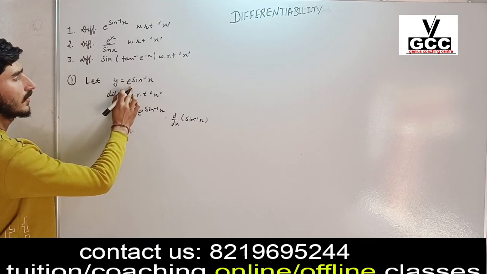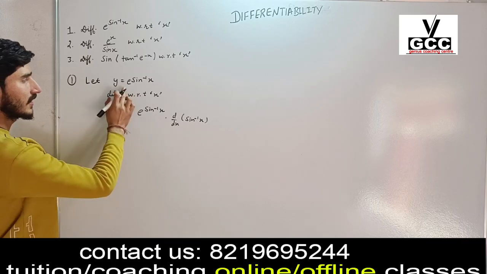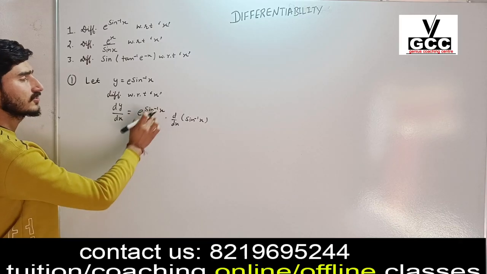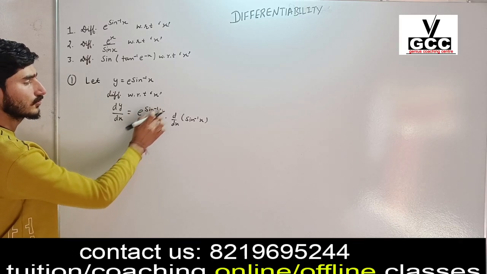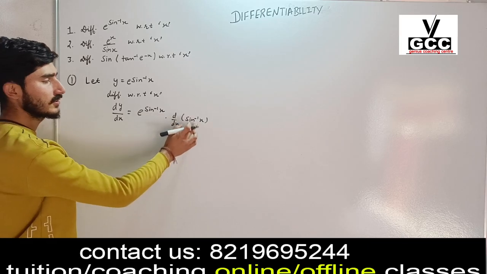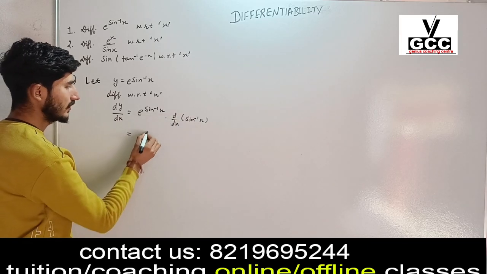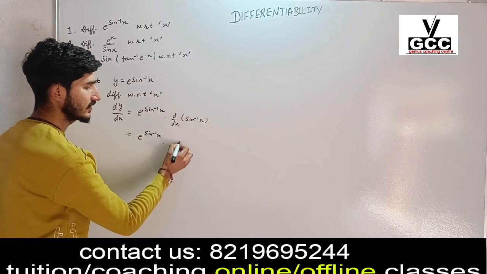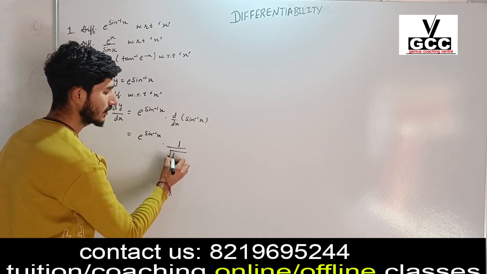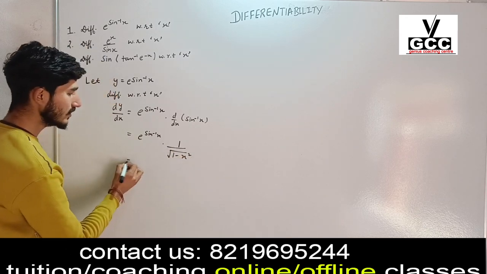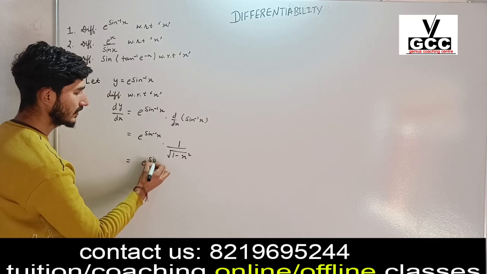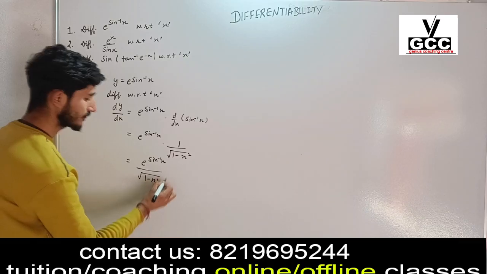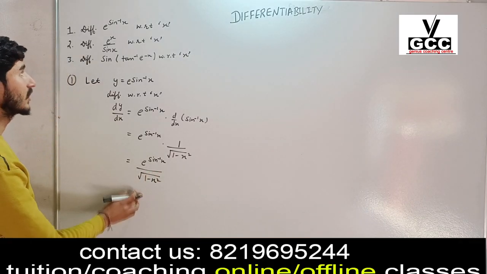We know that the derivative of e^x is equal to e^x, but sin inverse x is not a simple function x, so we have to differentiate sin inverse x. So e^(sin inverse x) as it is, and the derivative of sin inverse x is equal to 1 upon under root 1 minus x square. So our result is e^(sin inverse x) upon under root 1 minus x square. This is the required answer.